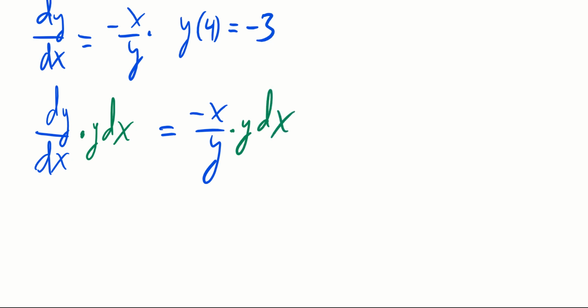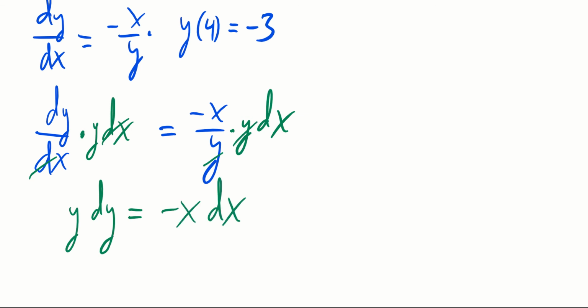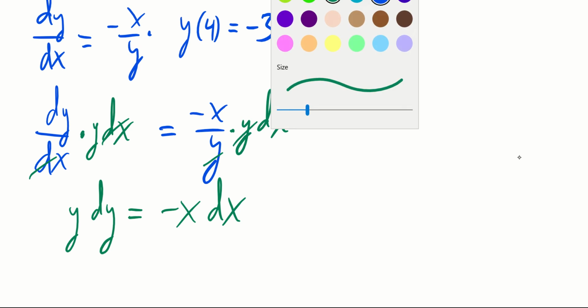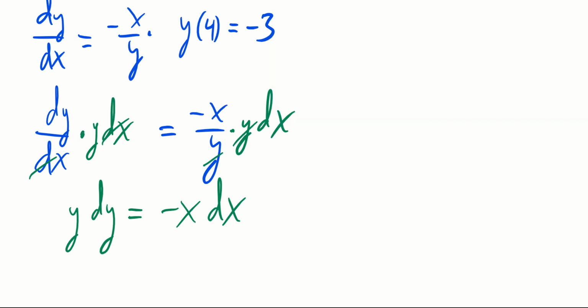We would get the following. Here the x's cancel. So we get y dy equals, here these cancel, we get negative x dx. We see that it was indeed separable. We have a function of y on the left hand side dy, a function of x on the right hand side. So now we should be able to solve this by going ahead and integrating both sides.